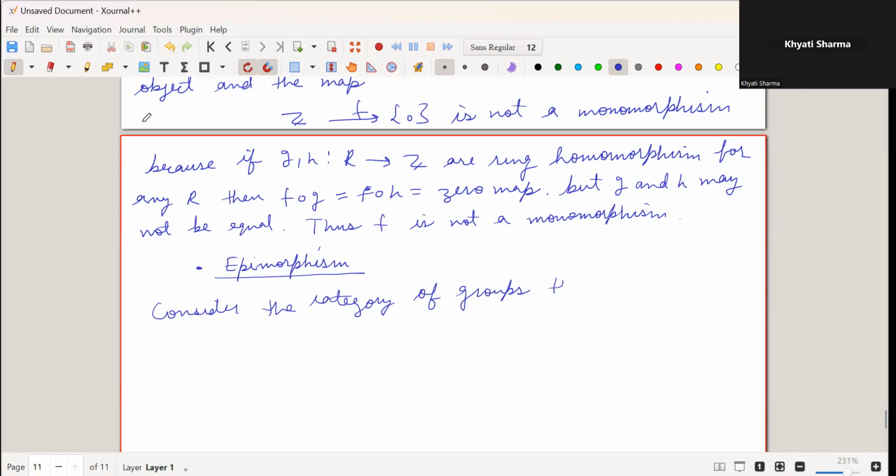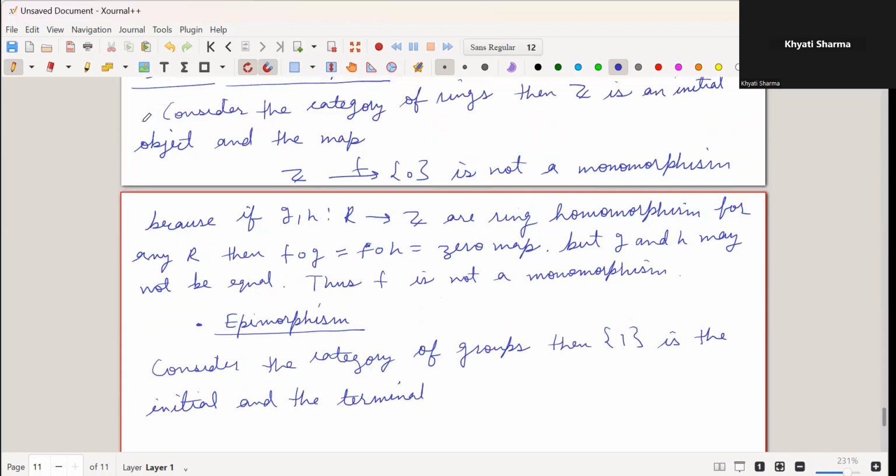The group with a single element is the initial as well as the terminal object.